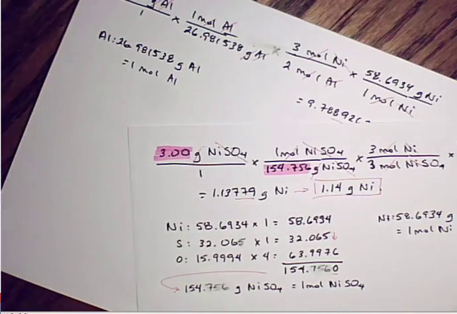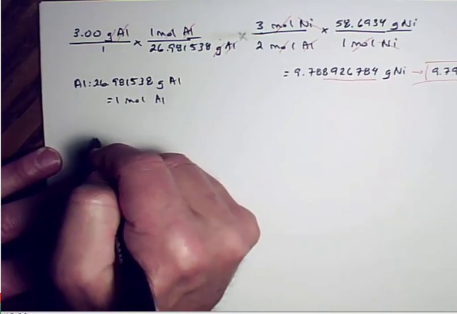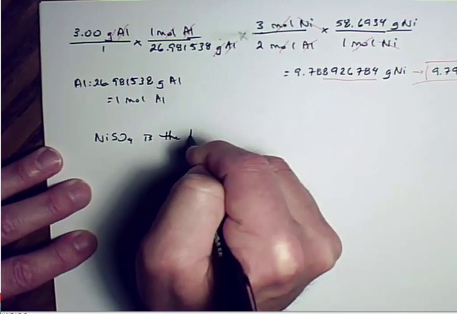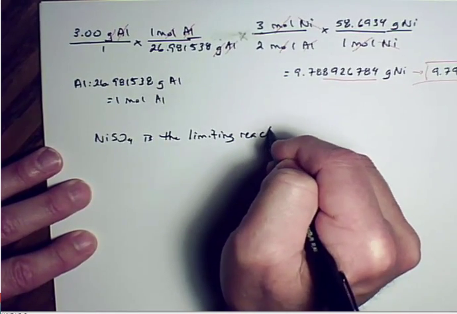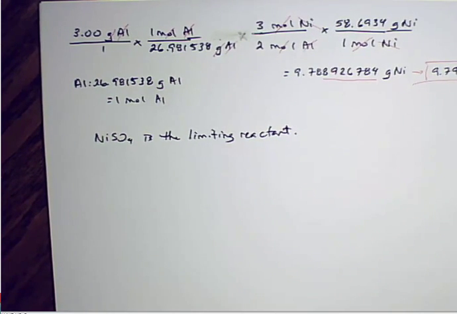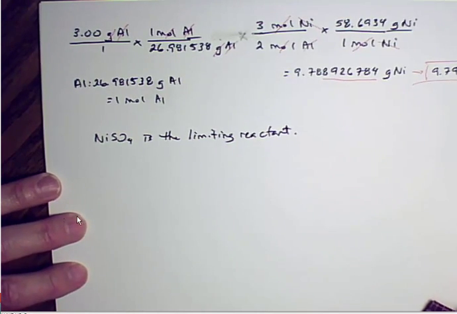And so we're going to reach the conclusion that nickel sulfate is the limiting reactant. Okay? Because I got less mass of product starting with that reactant. The amount you got of the product was smaller.